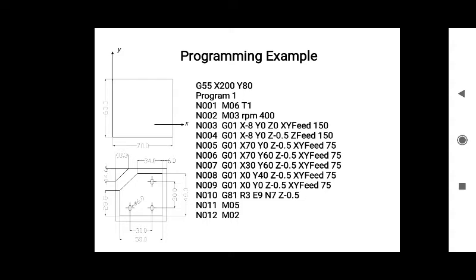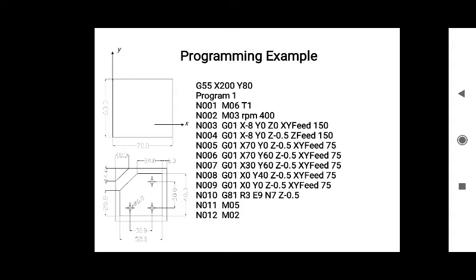Here our sequence number starts from N001. But you can also use N0010, N0020, N0030, N0040, N0050, N0060, N0070, N0080, as we have seen last time that we can program in that way also.